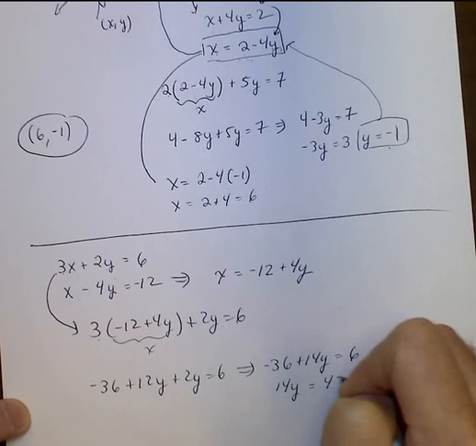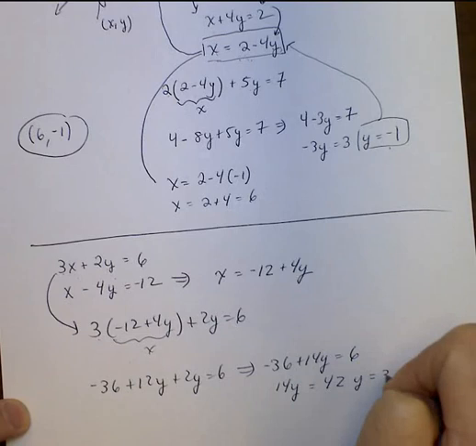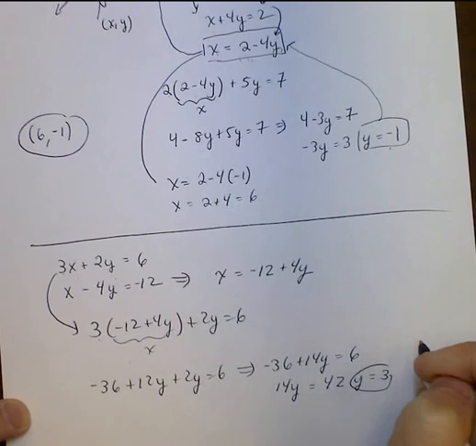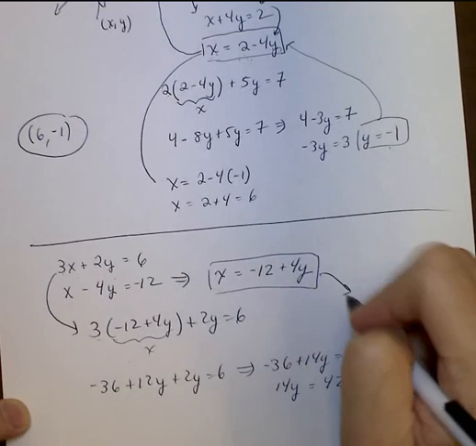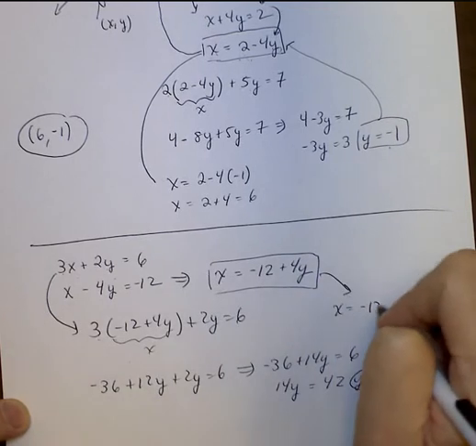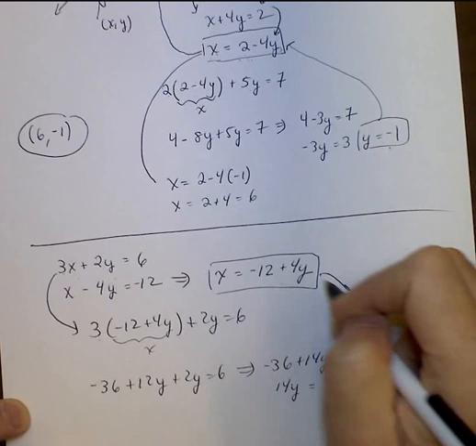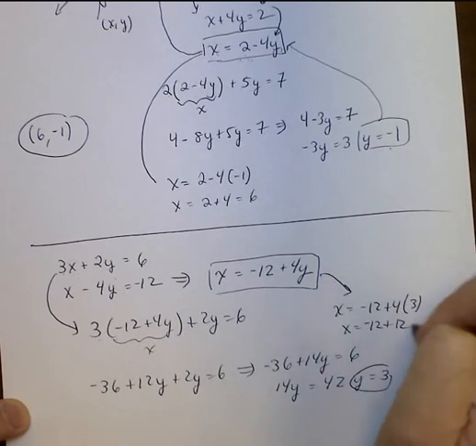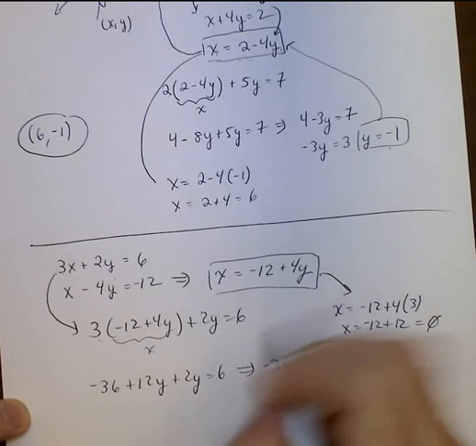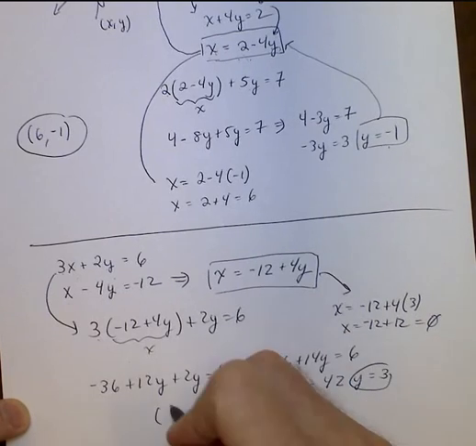And we get y equals 3. Then we come back to this equation and solve for x. So our final answer in this problem is x is 0 and y is 3.